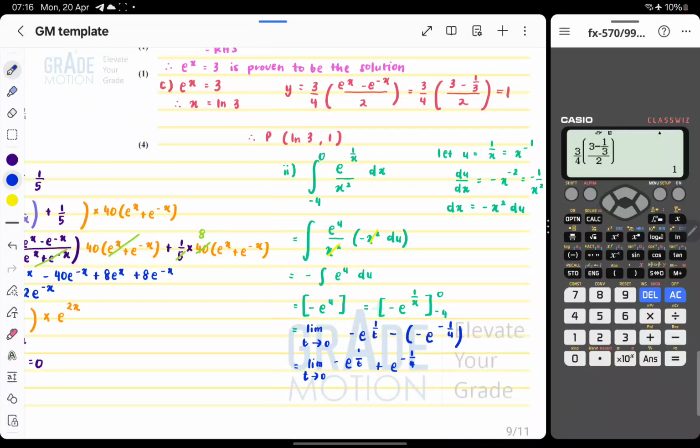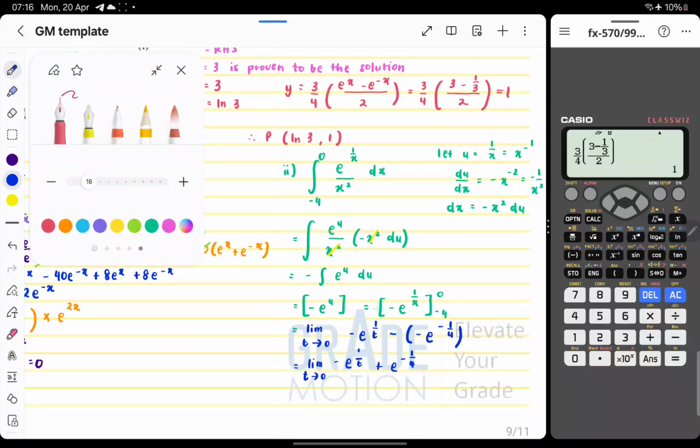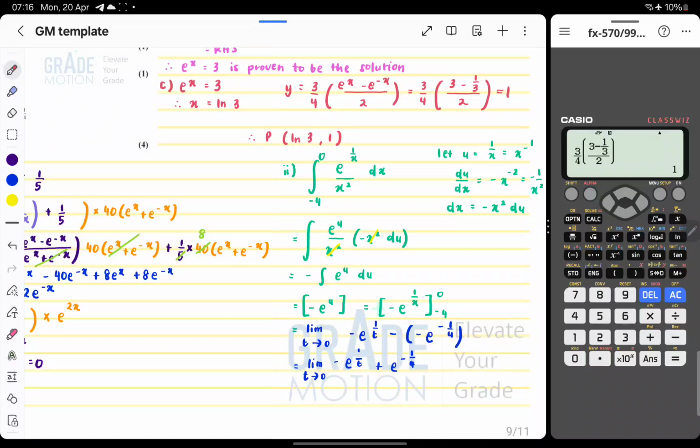Let's figure out our first term. Now, let's refer to our limit. Our limit is from negative 4 to 0, right? So that means we are approaching 0 from the negative side. As t gets closer to 0 from the negative side, what will happen to our 1 over t?